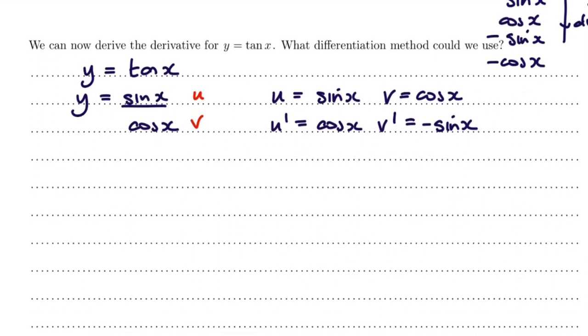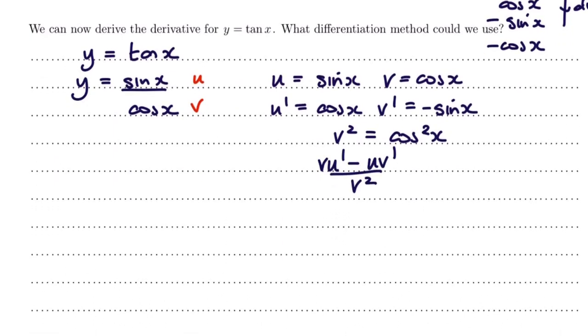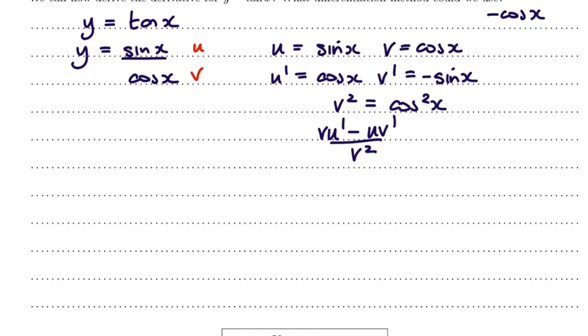Okay, and if we're doing the quotient rule, we also need v squared, which is cos squared x. Remember the quotient rule is vu dashed minus uv dashed over v squared. Remember, it's in the formula book in function form, so you can't get it wrong.